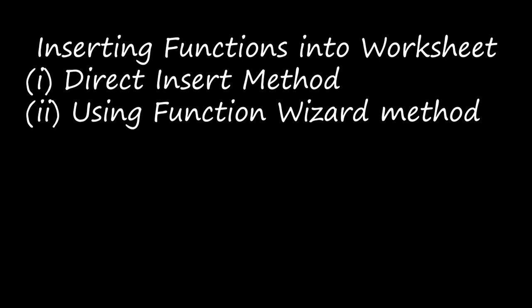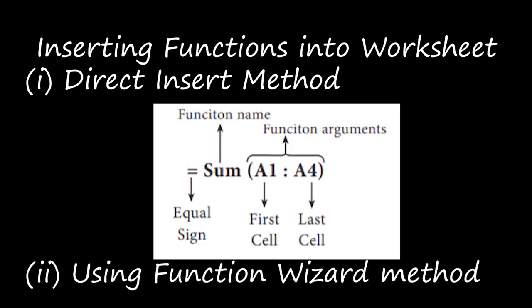If you want to get a total, you can use sum of and the particular range inside the bracket, and the range you give inside the bracket will be added together and displayed in that cell. Let's see an example.